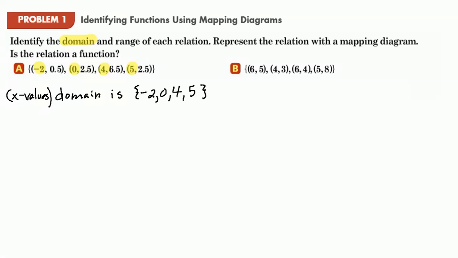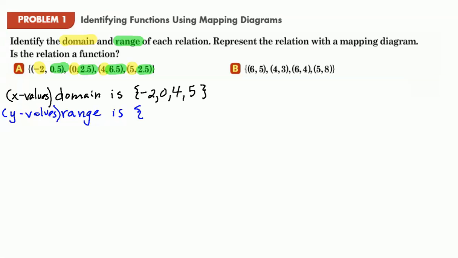Now let's look at the range. The range has 0.5, 2.5, 6.5, and 2.5. Those are all your Y values. Again, you want to go from smallest to largest.